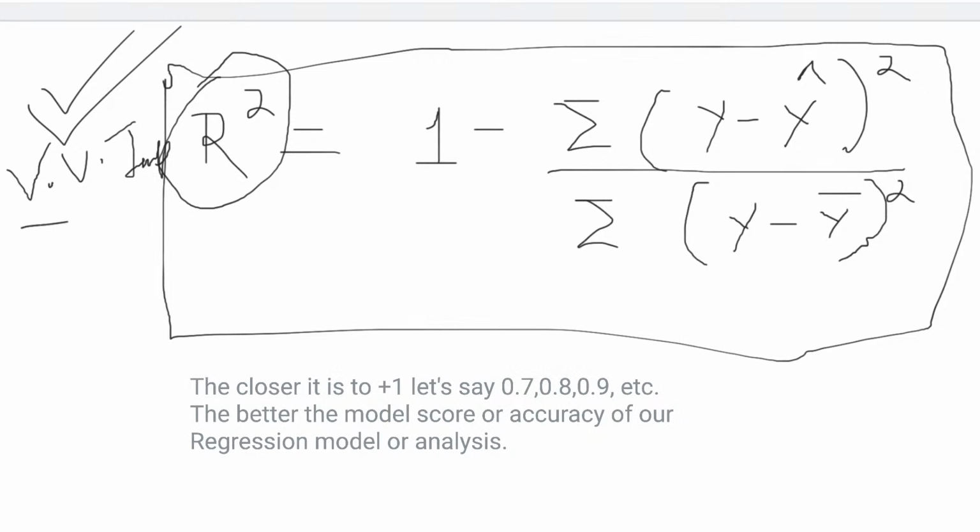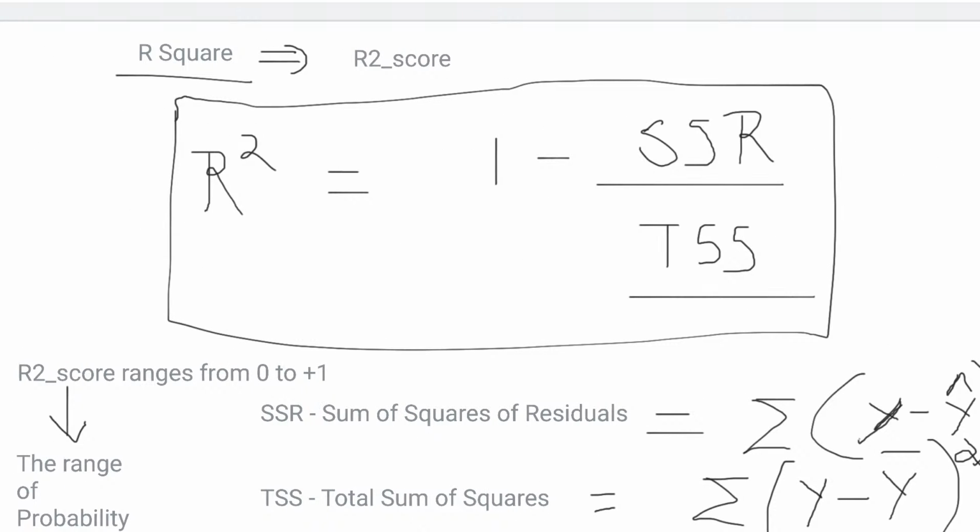If the question relates to linear regression, if the question relates to regression analysis in the interview, always expect this question to be asked, and I expect all of you to answer this. Once again, I'm saying it is very, very important.